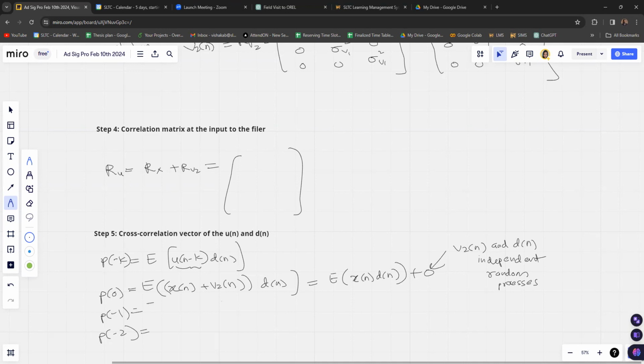Similarly, we can write the equations where you write xn minus 1. First we have to solve this, then we can go to the next components x and d.